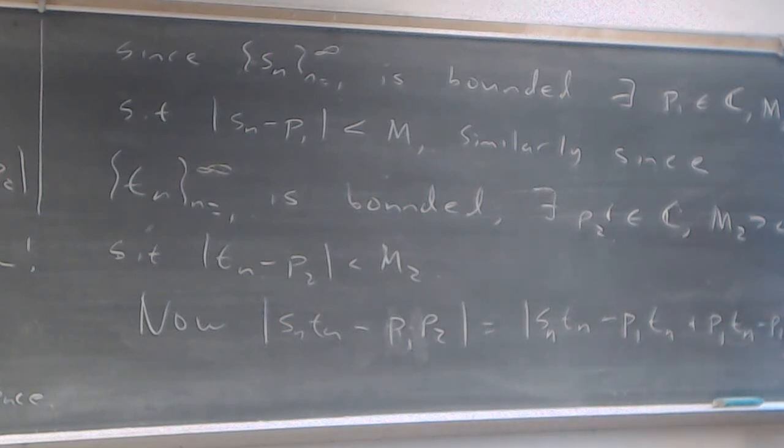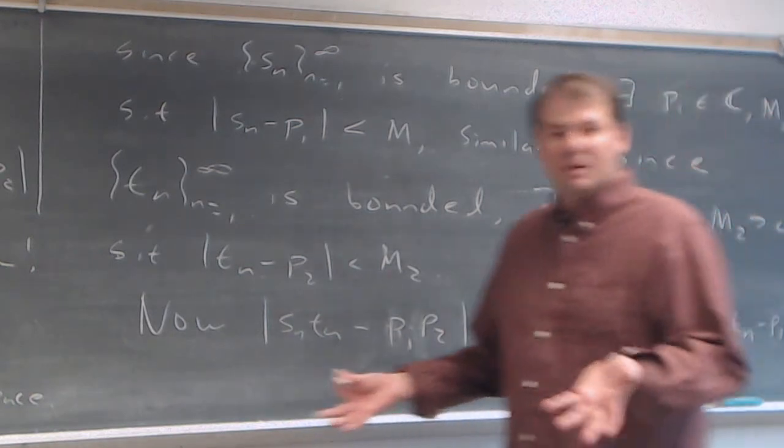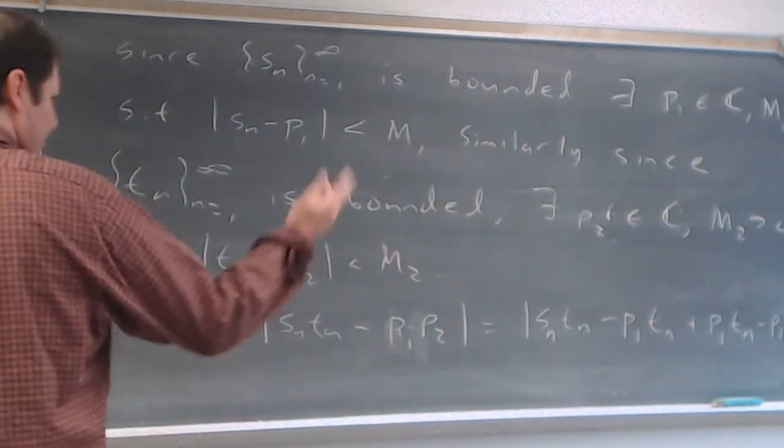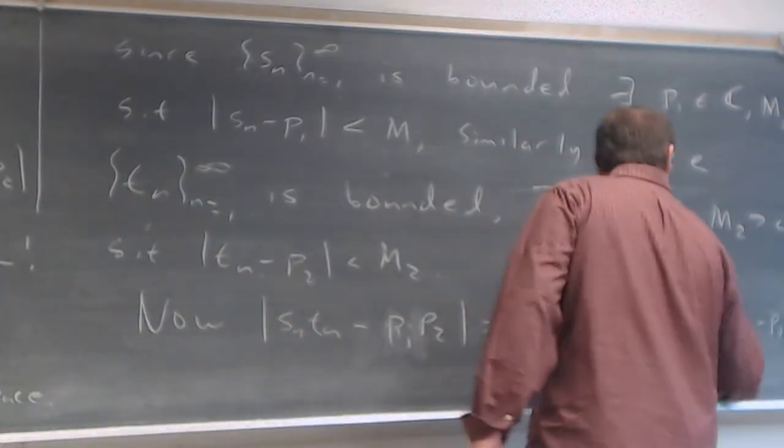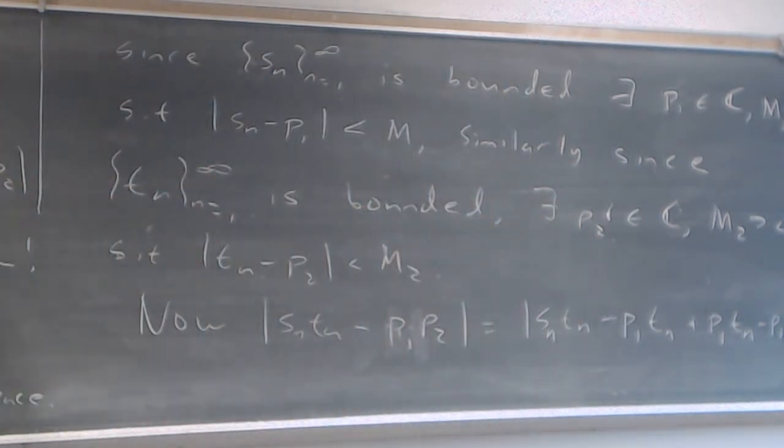All I'm doing is sticking in this quantity, adding it and subtracting it. Same quantity. Everything else is the same. I added and subtracted the same quantity, so I didn't change it. It doesn't matter, for any of the n's, we can do this. All right, so that's something that's true. Is that okay with everybody?